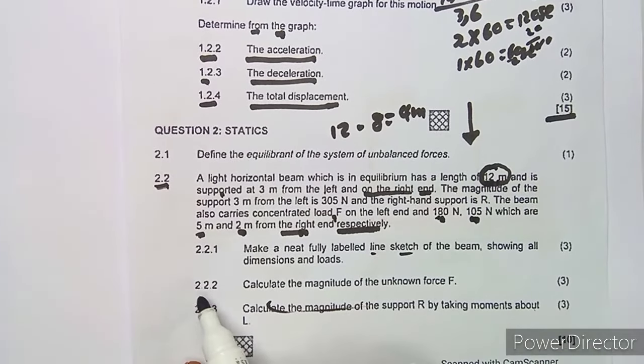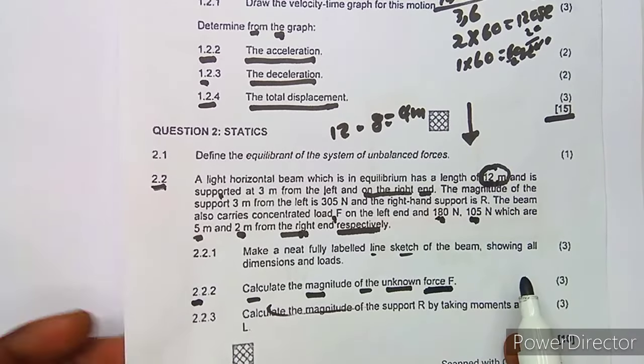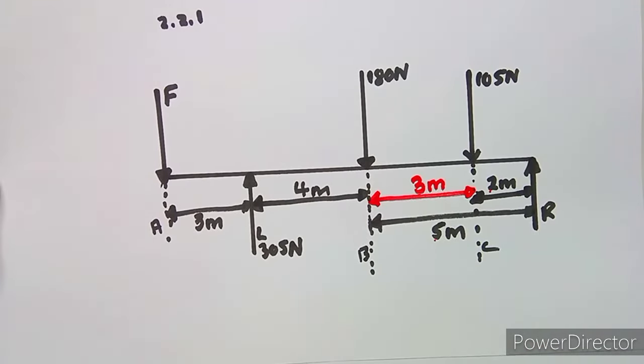Then after that, on 2.2, the question is to calculate the magnitude of the unknown force F, which is this one. Since we are given this support L, which is 305 Newton, we are going to do a vice versa in order to calculate the other part.